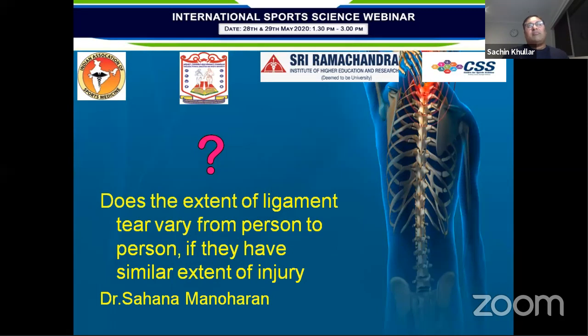If you find on imaging that two different athletes have the same amount of tear, can they have different recovery times? Yes, the answer is yes, because the injury seen on imaging in different athletes can behave differently. Again, there is a lot more which lies underneath than just the ligament. So both ways, the answer to your question is yes.